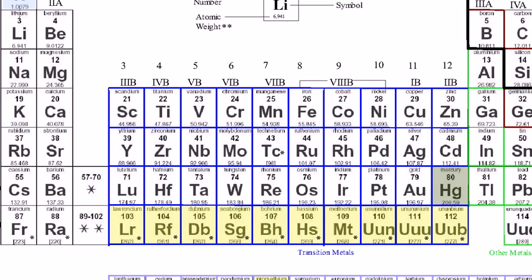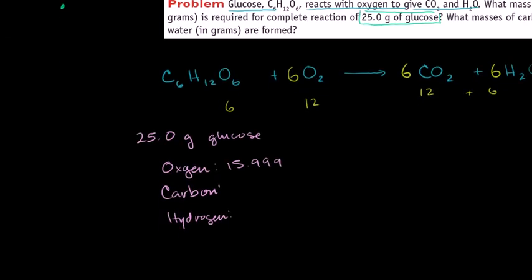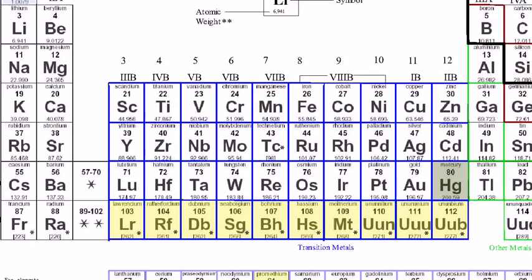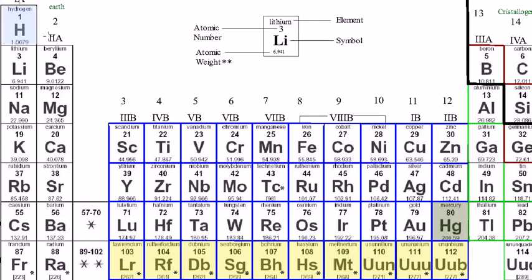And hydrogen is 1.0079. So the carbon is 12.011, and then the hydrogen, remember, atomic weights are all the weighted average of all of the isotopes on Earth, is 1.0079.